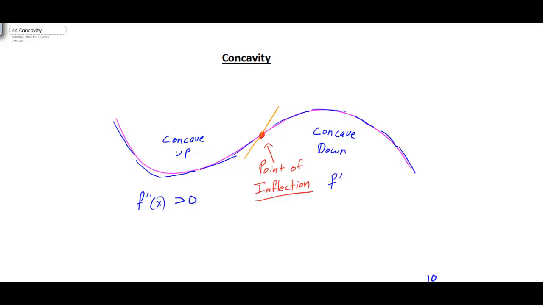If the second derivative of your function is less than 0, it's going to be concave down. So if your second derivative is greater than 0, which means it's positive, it's going to open up, concave up. If the second derivative is negative, which is less than 0, it's going to be concave down.